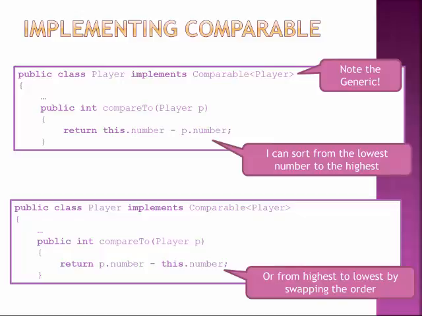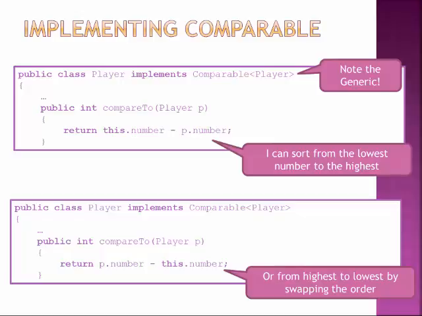So which one do you use? Well, a comparable is what you use when I have one and only one way of comparing things, because I'm only sorting internally, and then I can just apply that to the object, and anywhere a comparable is needed, the object is comparable. I don't mind adding the interface, and I only need to worry about one way to sort the objects.